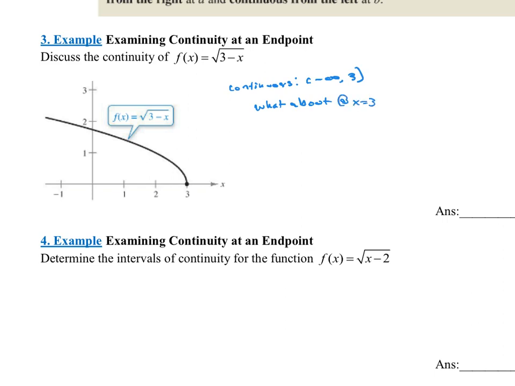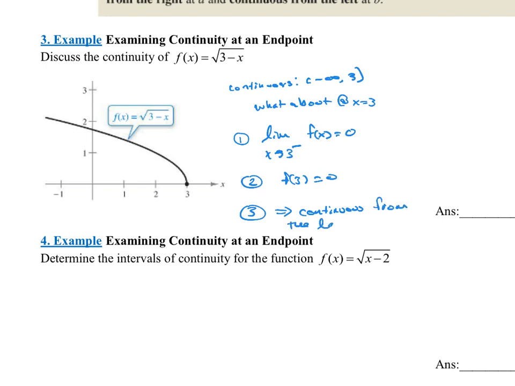What this is saying we can do is look at the limit as x approaches 3 from the left of this function, which is equal to 0. And notice that f of 3 is equal to 0. Because we have those two things, we are able to imply that it's continuous from the left at x equals 3.